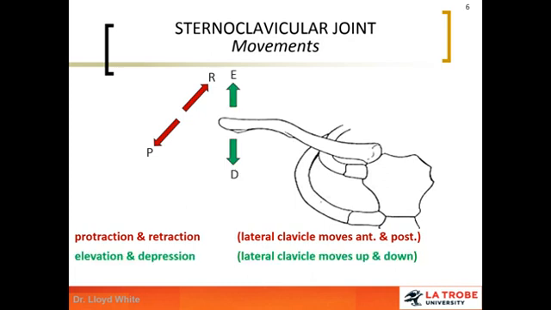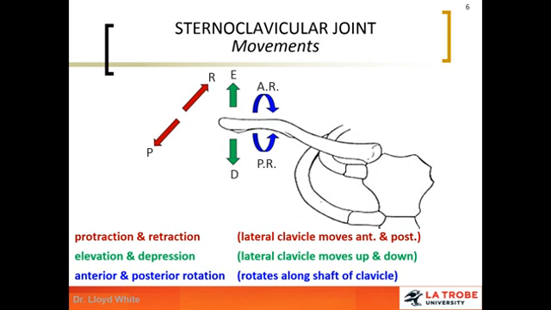We also have the movements of elevation and depression, which is where the lateral end of the clavicle, and therefore also the scapula, move superiorly and inferiorly. Elevation will be limited by the interclavicular ligament, while depression will be limited by the costoclavicular ligament. And our third plane of motion is anterior and posterior rotation, which is rotation along the shaft of the clavicle.